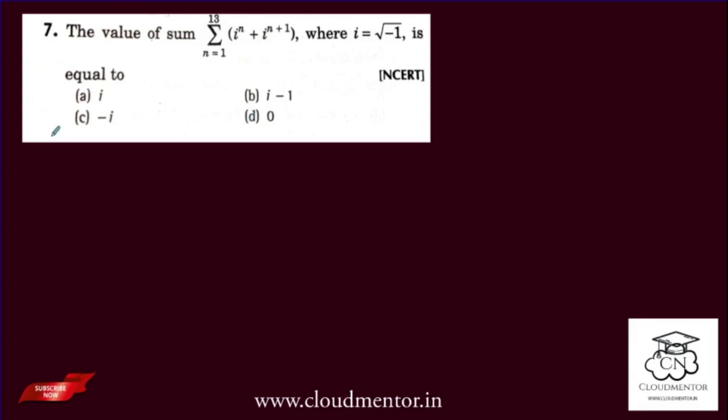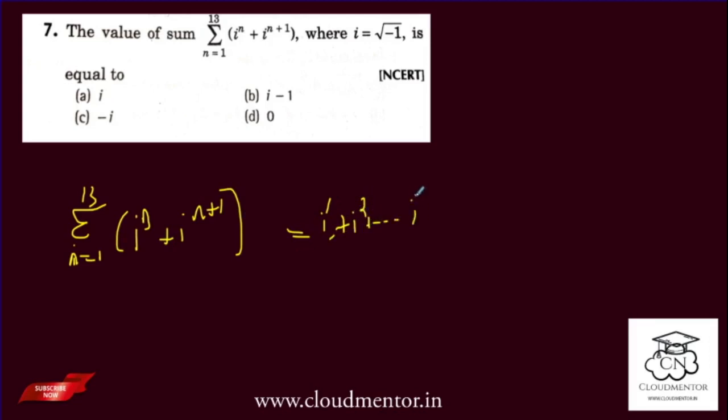So here, if we expand this, it is i raised to 1 plus i raised to 2 plus etc. up to i raised to 13, plus i raised to 2 plus i raised to 3 plus etc. up to i raised to the last, 13 plus 1, that is 14.